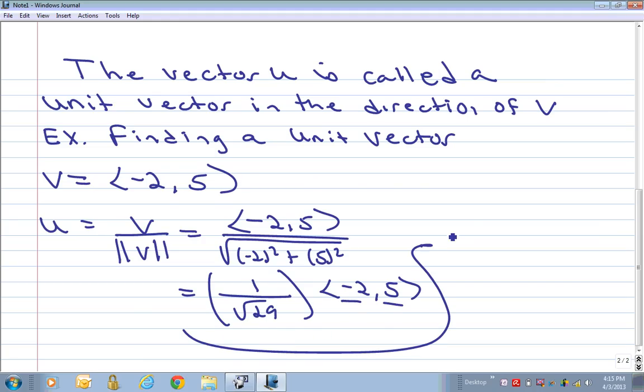Our unit vector then would be equal to, in component form, -2 over the square root of 29 and 5 over the square root of 29. Now, you know Ms. Zorn would really prefer you go ahead and rationalize those denominators. I'm not going to do that in this example, but that would be my preference. All right, let's move on.